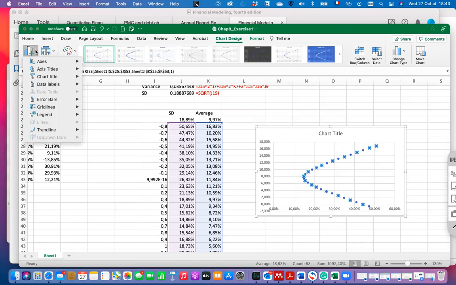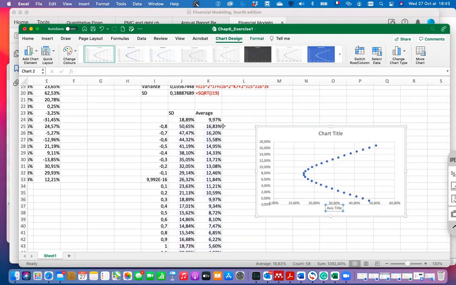If I want to add axis titles, for example, here for the horizontal, I will add portfolio standard deviation.